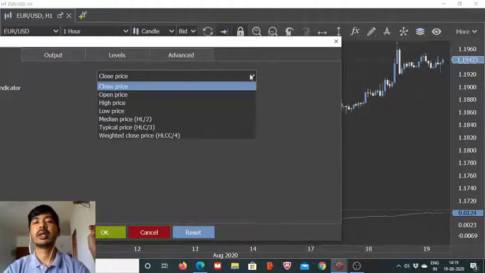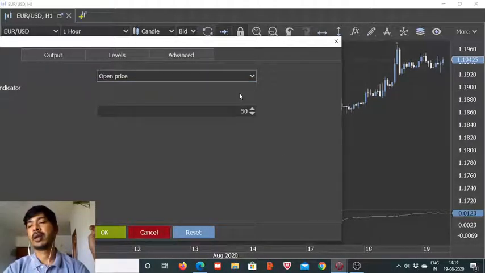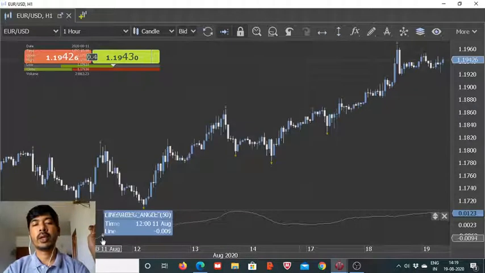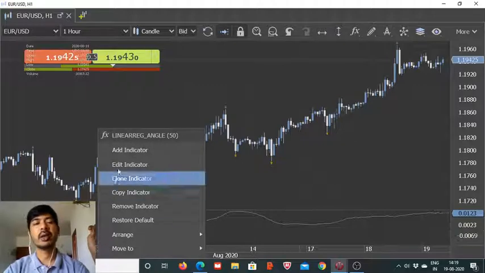As soon as I change the applied price, we get different output values for the linear regression angle.